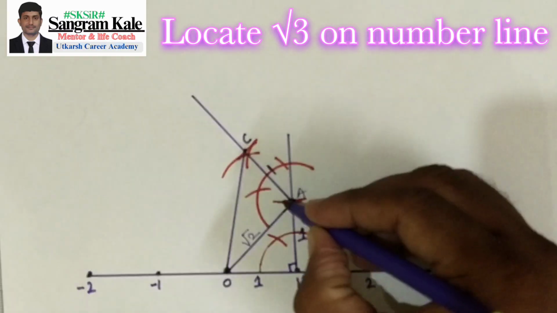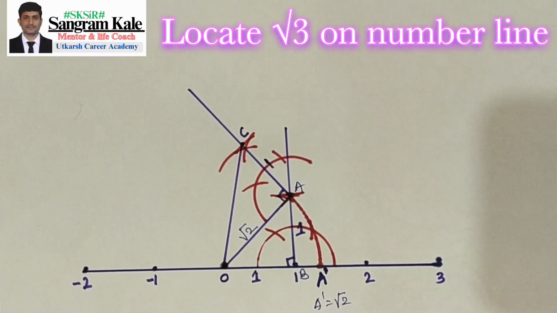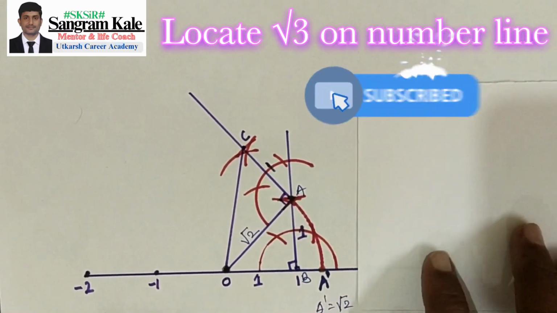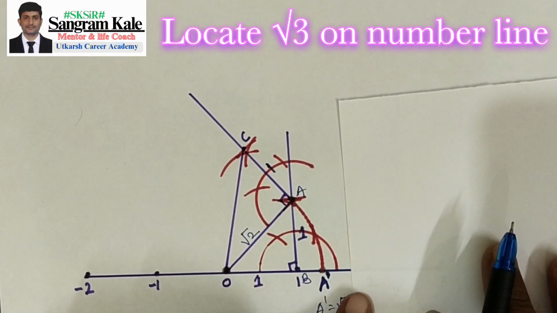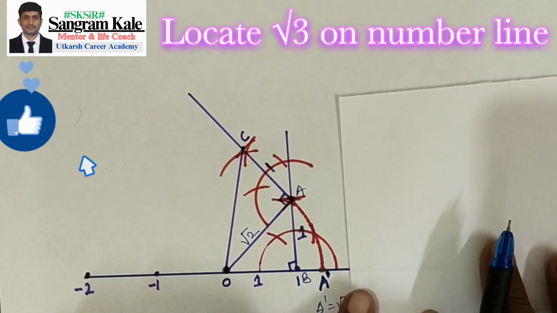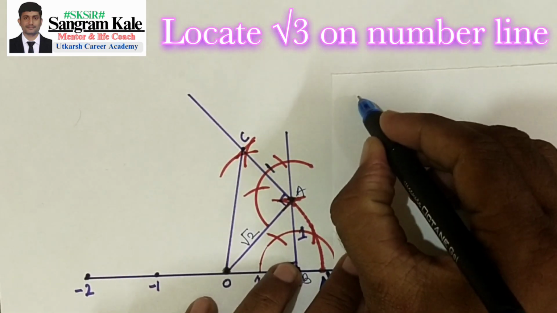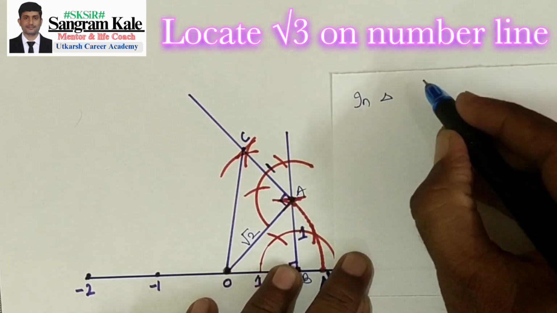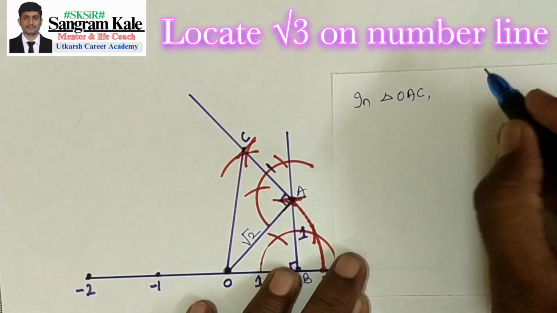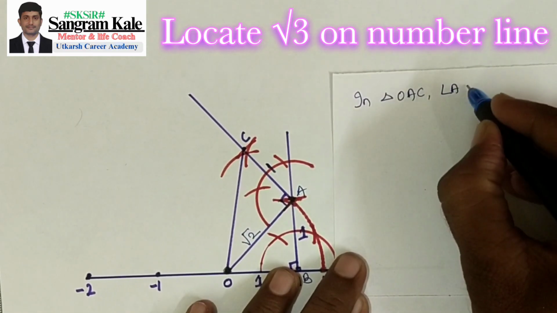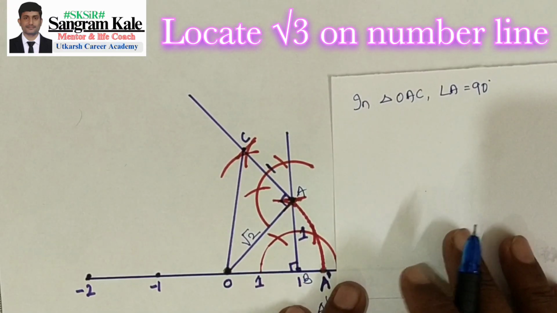Now here A is 90 degrees, right? So take the triangle OAC. In triangle OAC, angle A is equal to 90 degrees. If angle A is 90 degrees, then we know that this triangle is a right angle triangle.